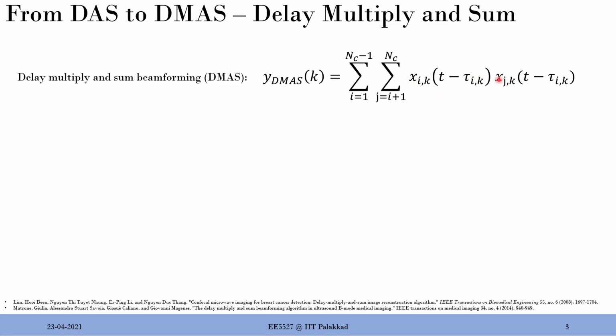That means x1 gets multiplied with x2, x1 with x3, x1 with x4, and so on. So you are multiplying the delay compensated data from one channel with all other channels. You are not doing self multiplication, but multiplication with all other channels. Similarly, when I equals 2, it gets multiplied with 3 onwards, all other channels.